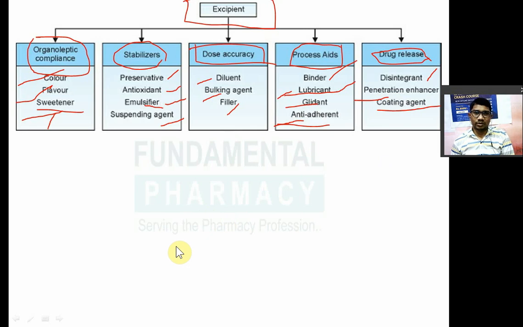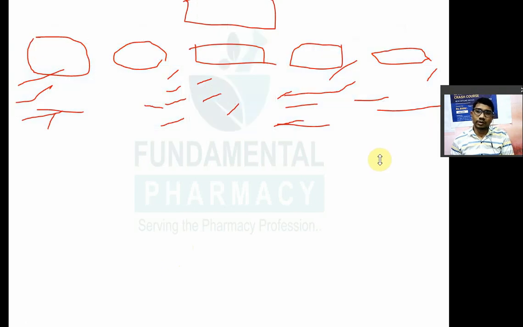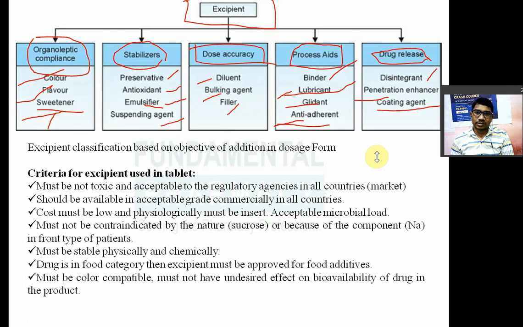It may have a stabilizing purpose like preservative, antioxidant, emulsifying agent, suspending agent. To increase the bulkness like a diluent and fillers. To aid the process like binding agent, lubricant, glidant, and anti-adherent. To increase the drug release: disintegrant, penetration enhancer, coating agent. So these are the excipients.